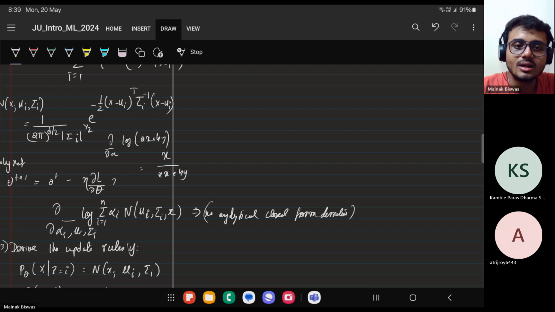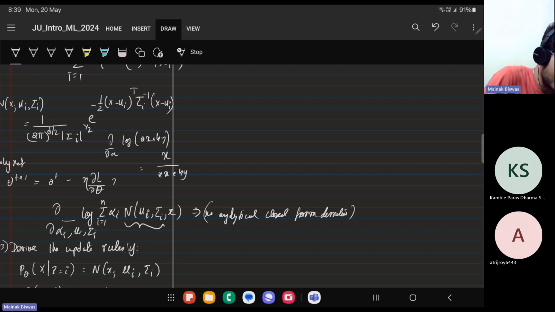For every data point, if you have a large number of clusters, taking the derivative with respect to the log would be very challenging. And that is also when you have exponentials over here. These themselves are exponentials, so it is a log of a sum of exponentials, something like e to the power of the sum of these.